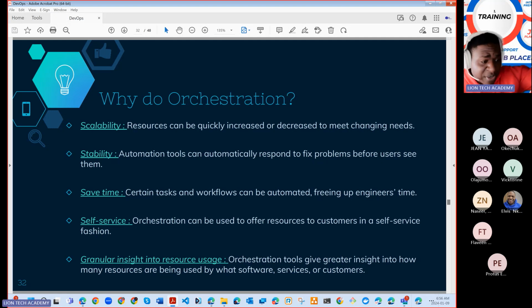So that resource is up and running, and the company is paying for it, when truly speaking, it should have been scaled down, brought back to its normal state. So you see that orchestration has a lot of benefit to the business, right? That scalability alone, if that system is working, saves the company money.